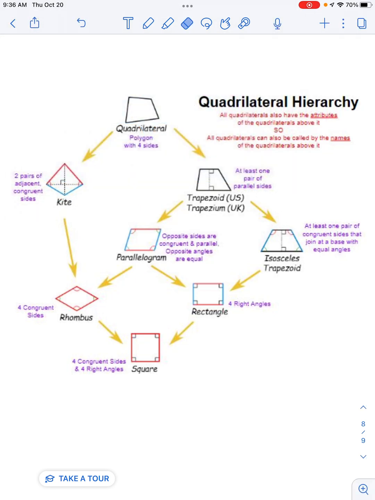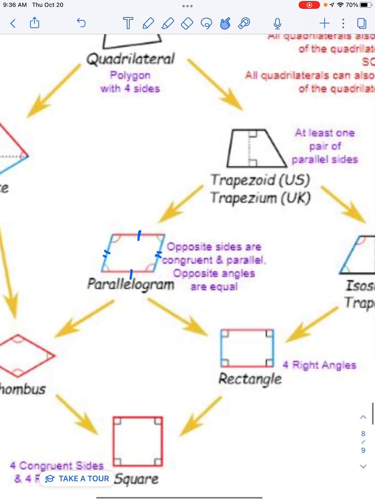So on yours, you don't have color, so you might want to mark this, because obviously if you're looking at mine, I have color to designate different things. So it says here, on a parallelogram, opposite sides are congruent. So on yours, I would designate and put your markings in. So notice I've put my marking in as the opposite sides with 1 tick mark and 2 tick marks.